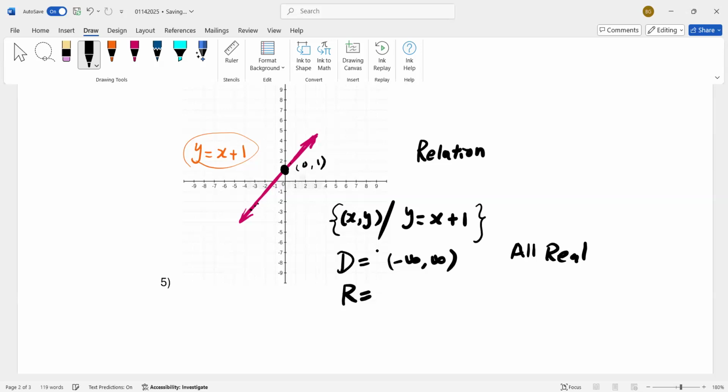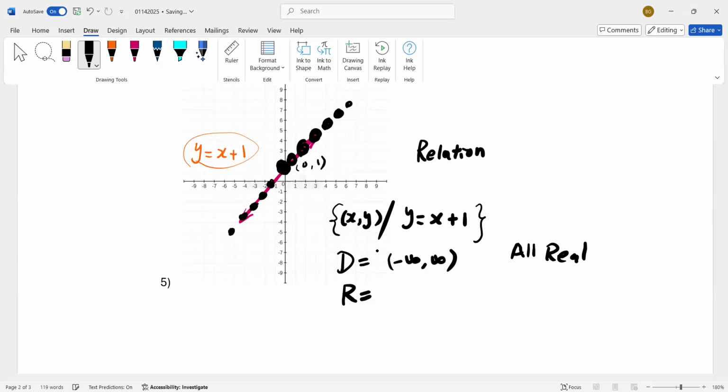And all those points, their x values are positive, all the way to positive infinity. And those points below this point all have negative x. So the domain is all real. X here could assume any real numbers. So the domain of this relation is all real.